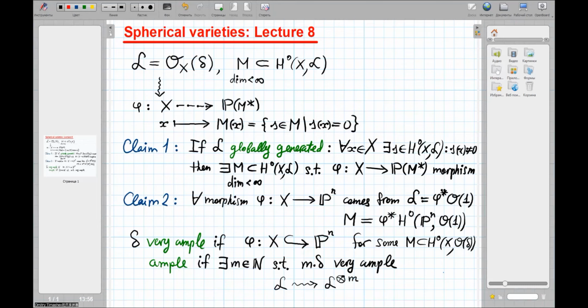So maybe not the line bundle itself determines an embedding of X in a projective space, but some tensor power of it determines an embedding into the projective space. This is the definition of an ample divisor.